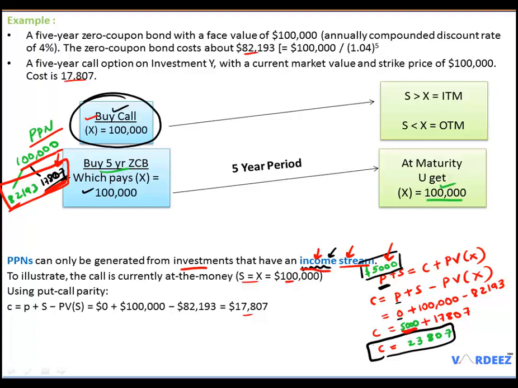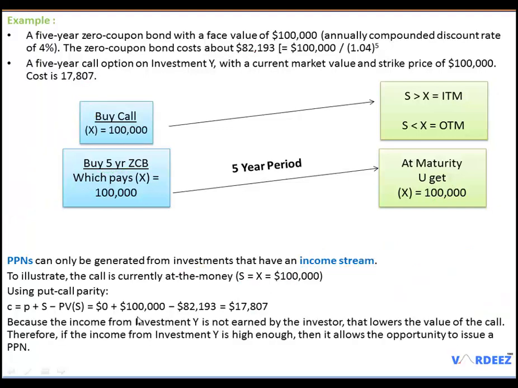Okay, and that's what has been written down here: because the income from investment Y is not owned by the investor, that lowers the value of the call. Therefore, if the income from investment Y is high enough, then it allows the opportunity to issue a PPN. Over here we are assuming that the put option is worth $0, which practically might not be the case.